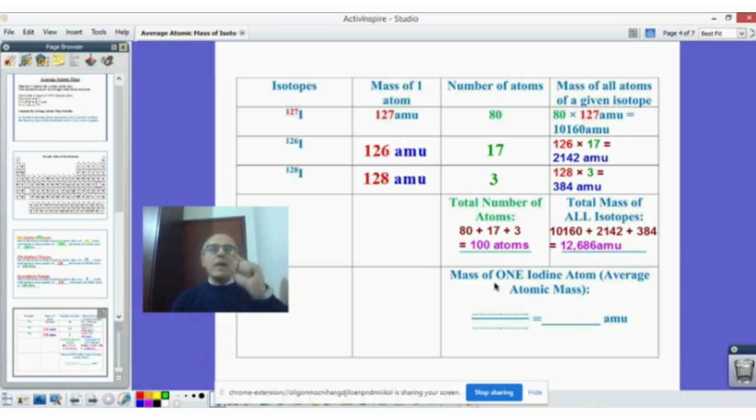What we need to know is the mass of one iodine atom, which is the average atomic mass. So when I say what is the mass of one iodine atom without specifying which isotope, I mean the element iodine, regardless of which isotope. So this will be the average atomic mass of iodine as an element.